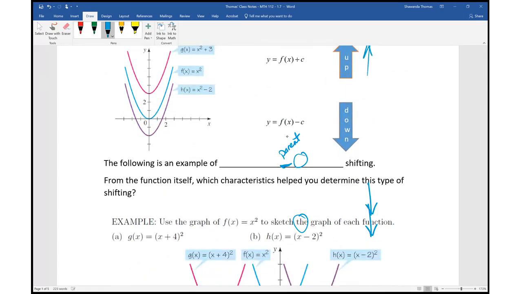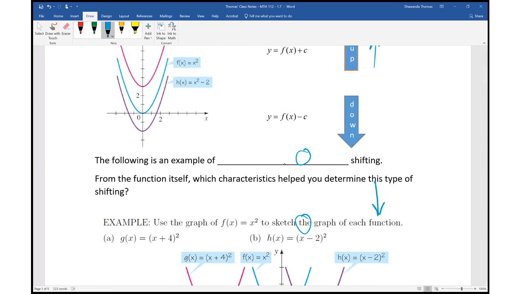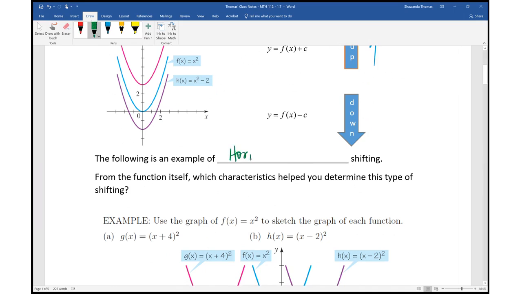But next we have an example of horizontal shifting. Let's talk about horizontal shifting.